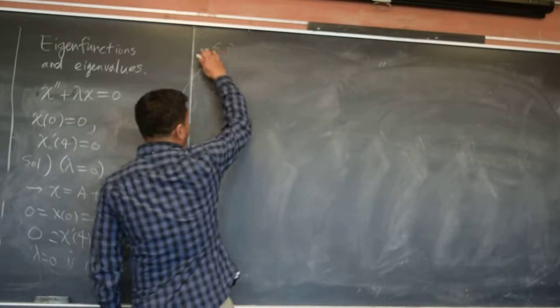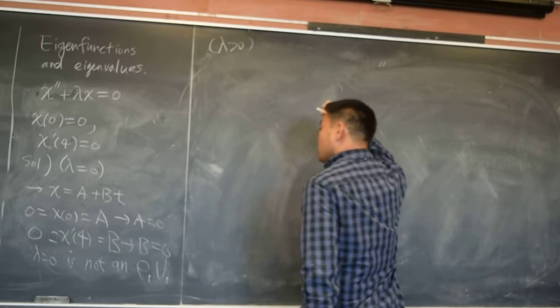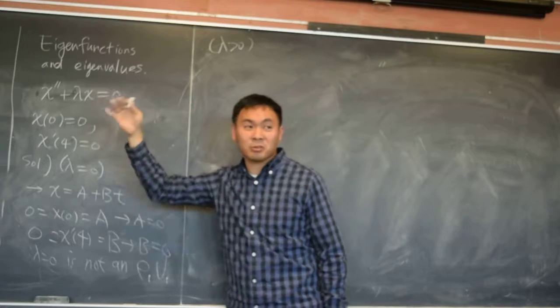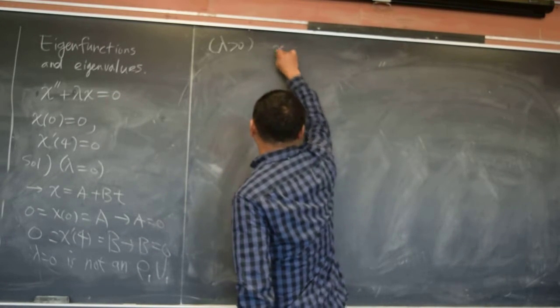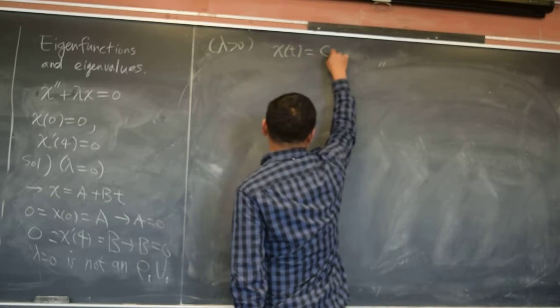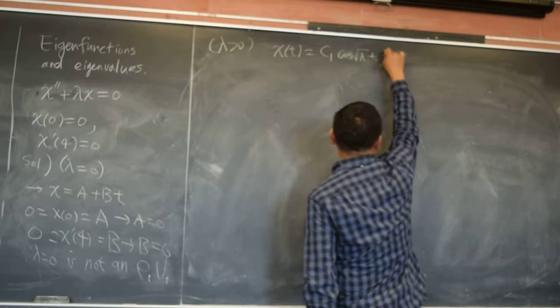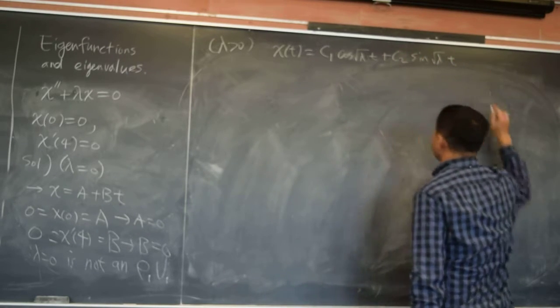All right, now we can handle the case lambda bigger than 0. We will skip the part doing the characteristic equation because it's getting old now. It's always x of t equals c1 cosine square root of lambda t plus c2 sine square root of lambda t.